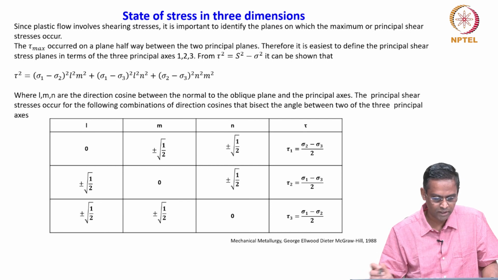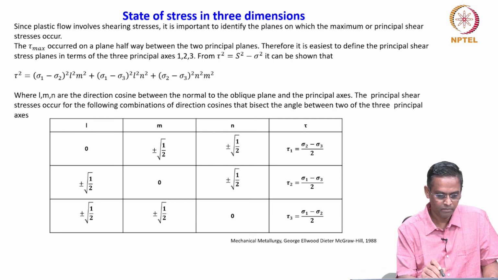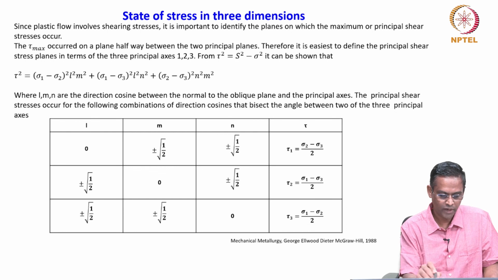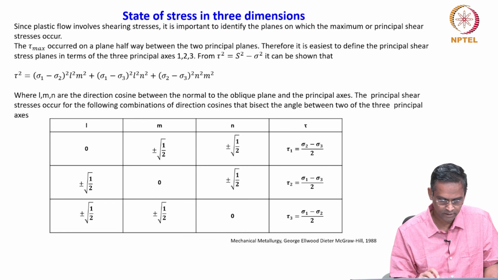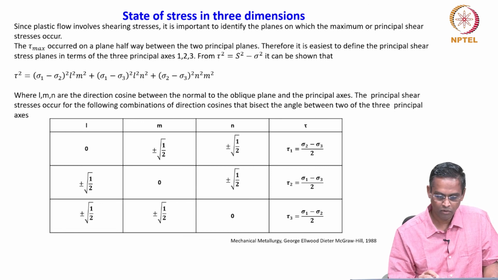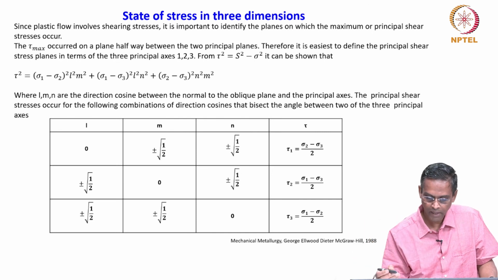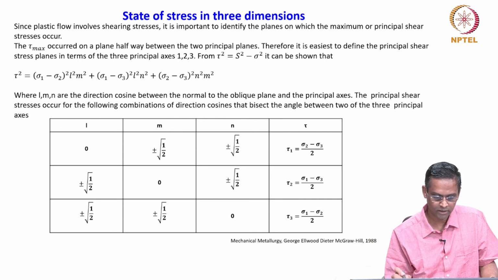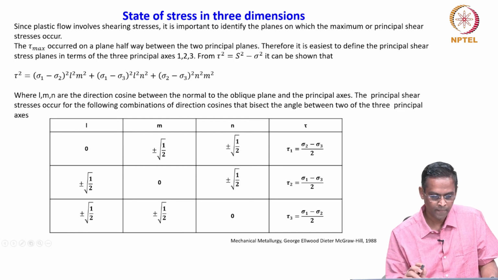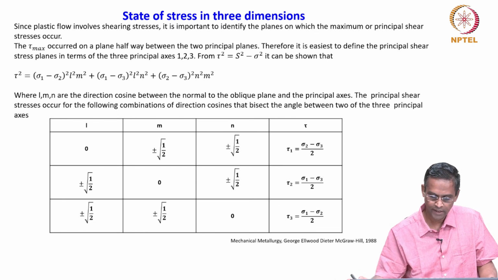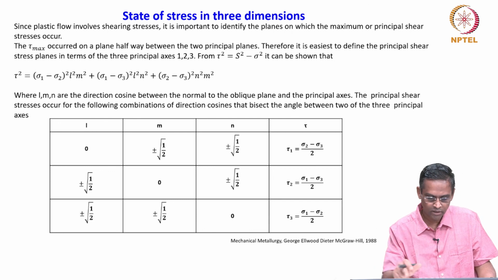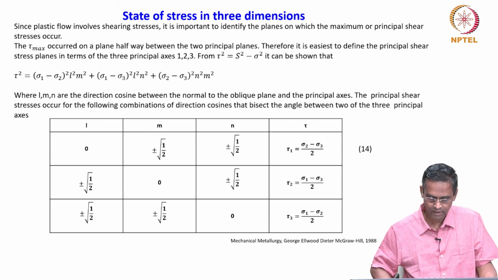So if you plug in these values of l, m, n, then you get this kind of 3 by 3 matrix where you can see what type of shear stress or shear plane will be operating for these direction cosines. So you will get tau 1, tau 2 and tau 3.